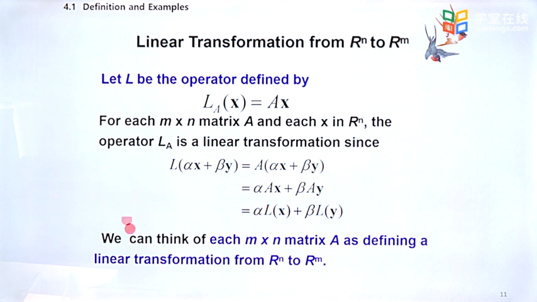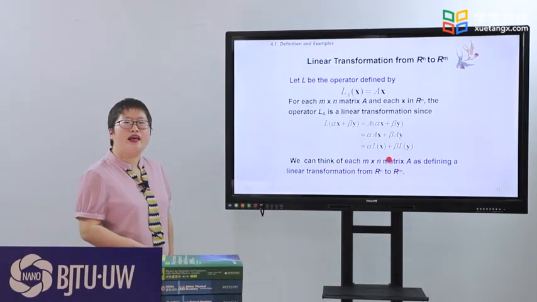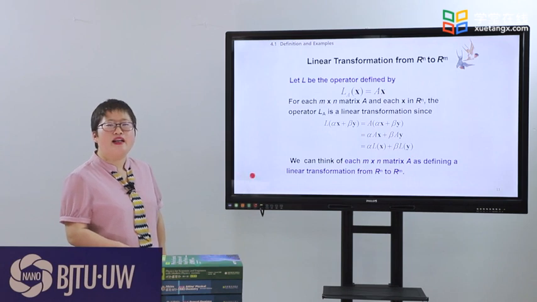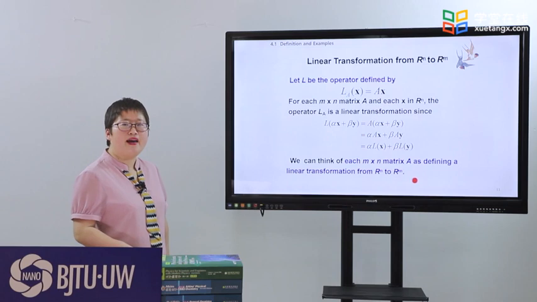So this operator is a linear transformation. So we can think of each m by n matrix A as defining a linear transformation from Rn to Rm.